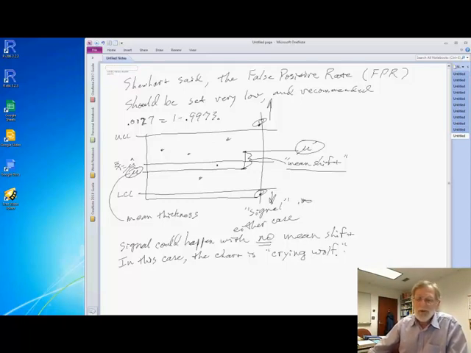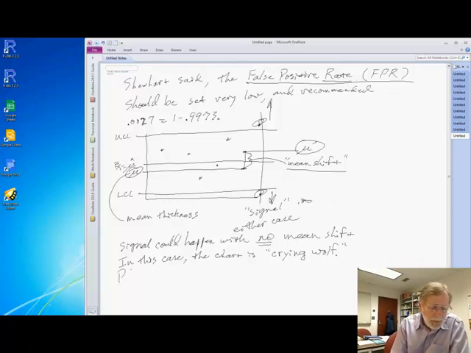Shewhart says, if you do that a couple of times, senior management's going to get sick of this whole idea, and they're going to say, let's lose the control chart. This is otherwise called a false positive, and the rate is the probability that you will cry wolf.